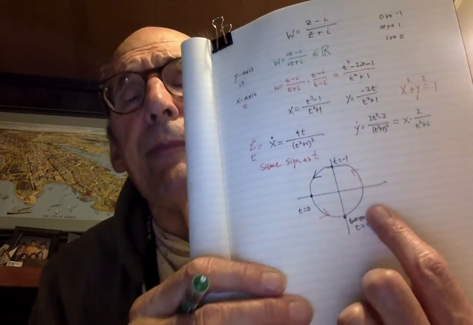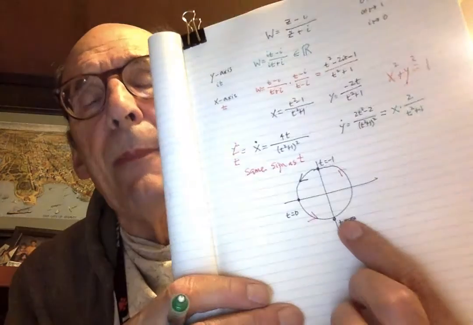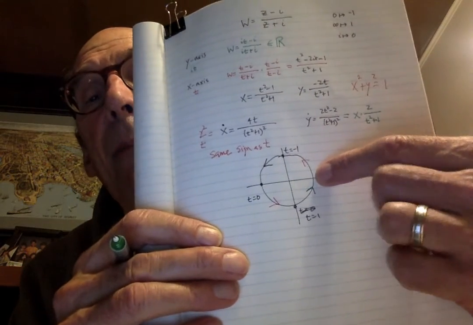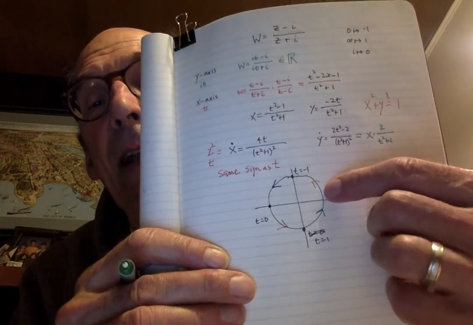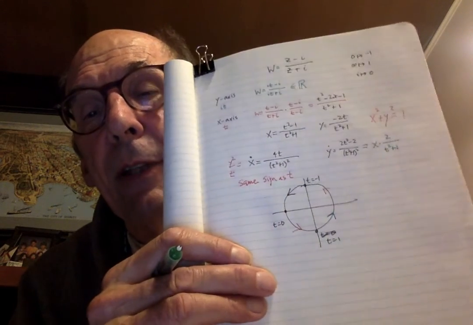And finally, the last little bit is we've got t is negative, so that means that x is decreasing. And why shouldn't that be increasing? Anyway, t is positive, x is increasing, and x is positive, so y is increasing. So that brings us around the circle. So what we're doing here is starting when t is infinity, we just work our way back around the circle and then work our way back around the circle again.